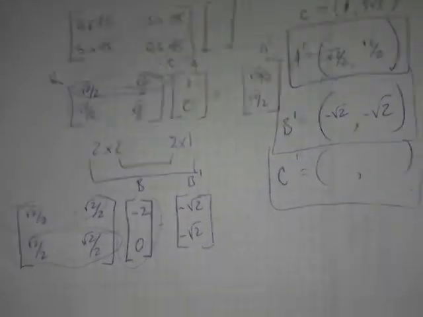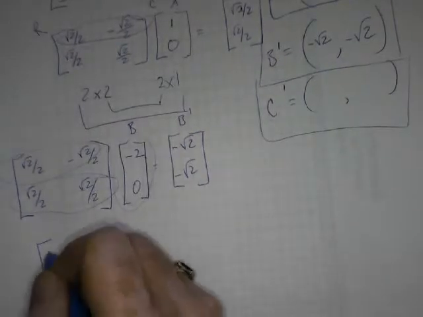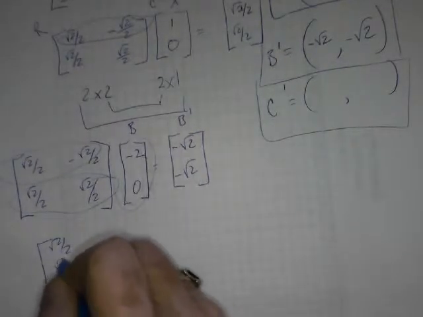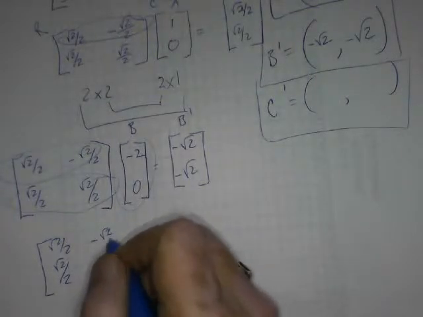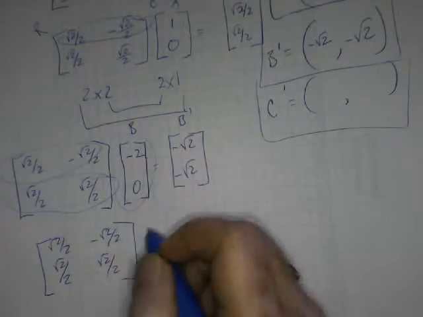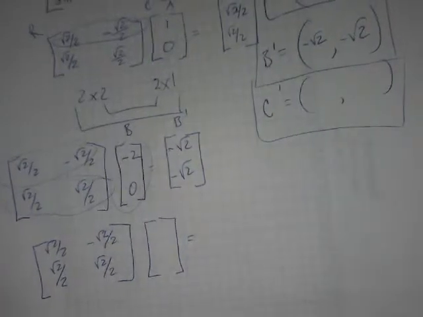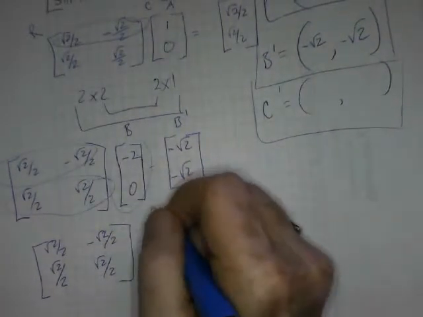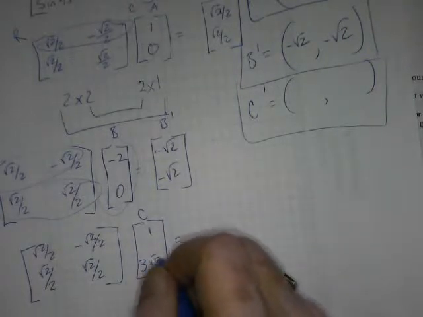So now we're going to do C. So you use the same matrix. Okay, so C. So C was 1, 3 root 3.